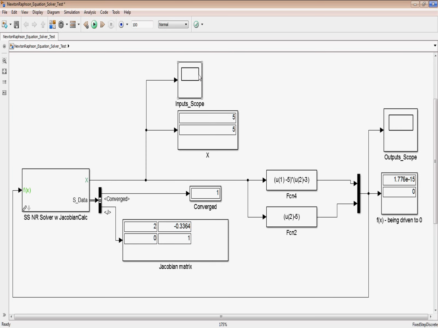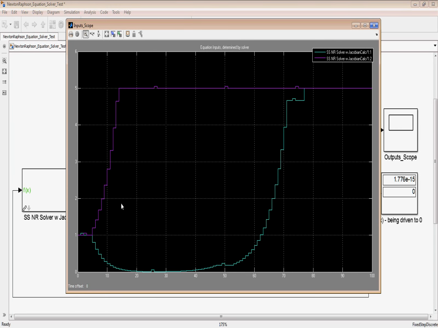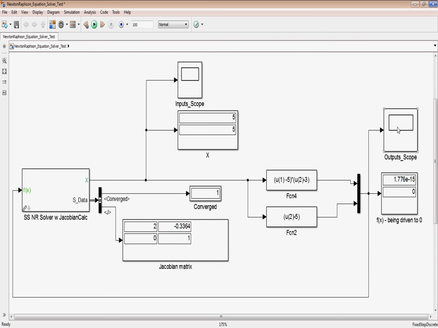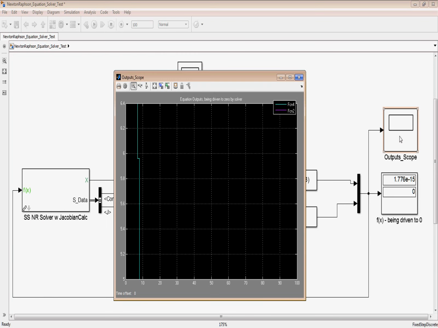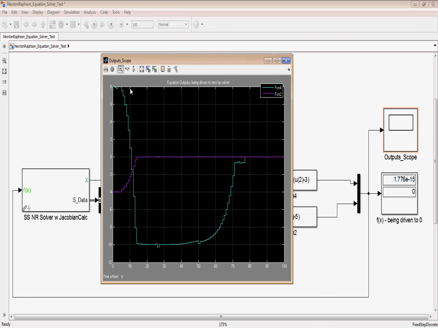So let's look at how it actually solved. It was a little bit more complicated. It looks like the second one solved fairly quickly, runs up to 5, and then this other one kind of comes down and then goes, oh, well, I guess I'm really supposed to be at 5, and it goes back up. You can look at the error as well. So here you can see that initially it was on the right track.